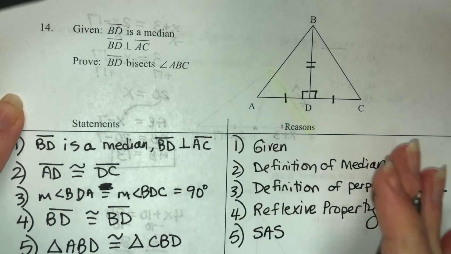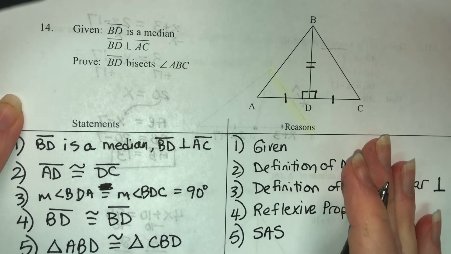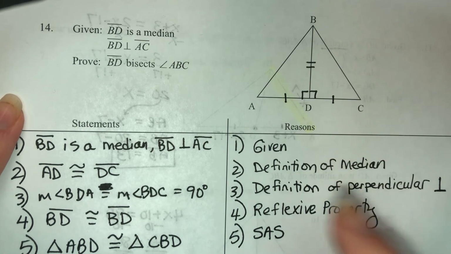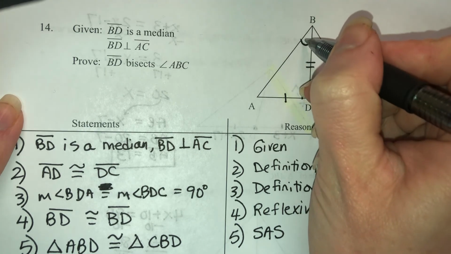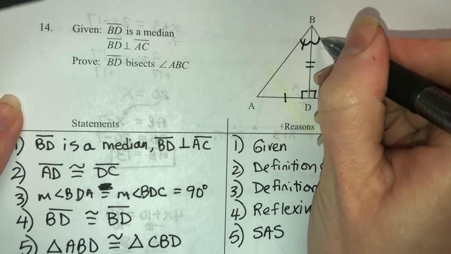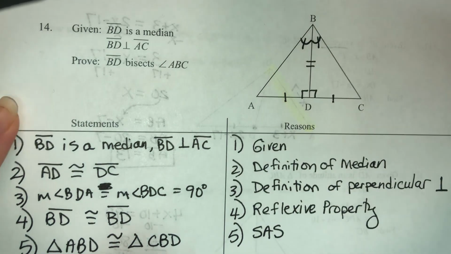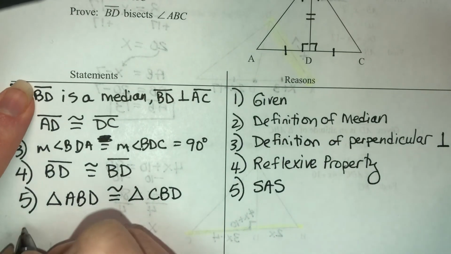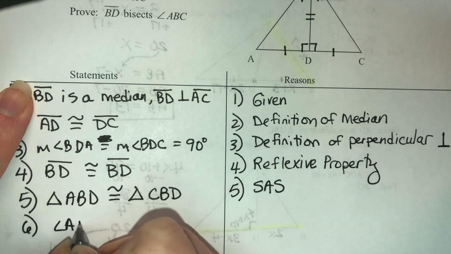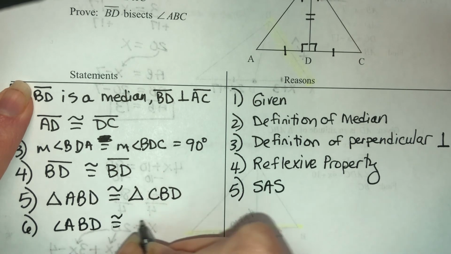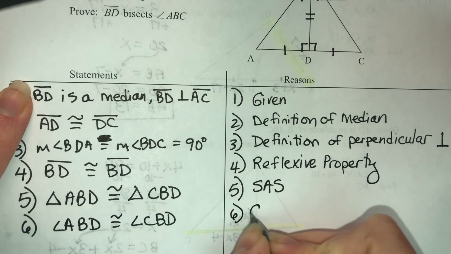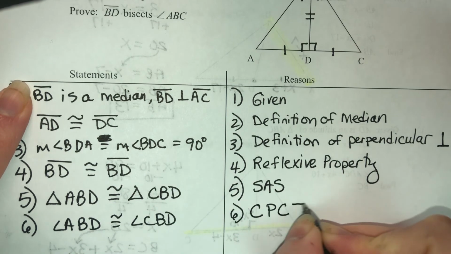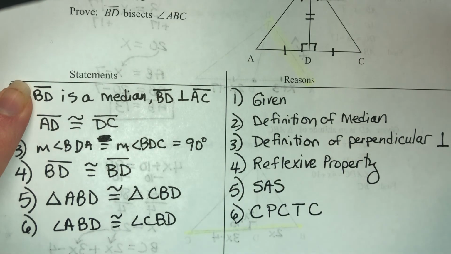So if these two triangles are congruent, all their corresponding parts are congruent, which means this angle, ABD, would have to be congruent to this angle, CBD. So I'm going to write that next. Angle ABD is congruent to angle CBD because corresponding parts of congruent triangles are congruent, CPCTC.